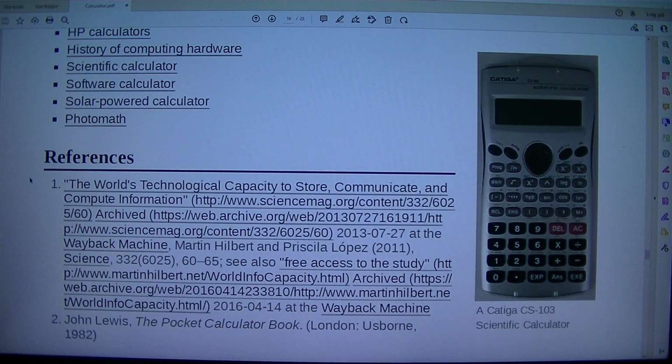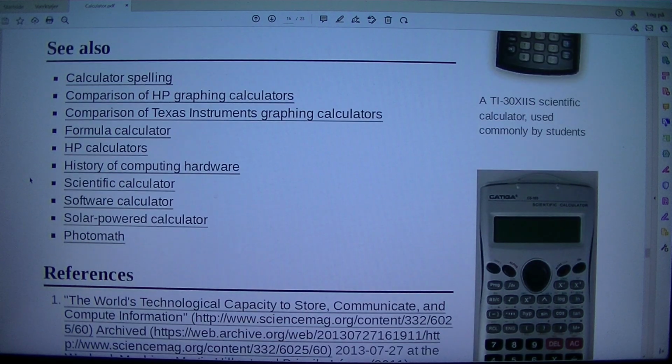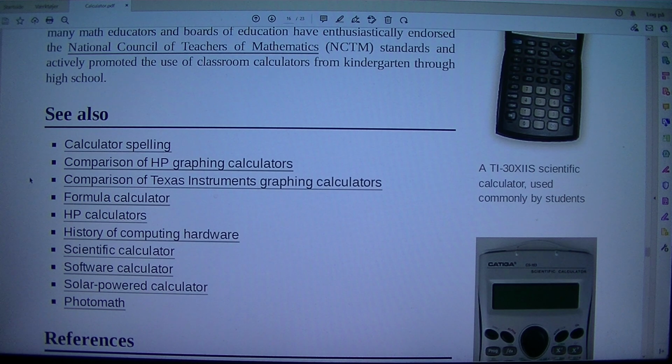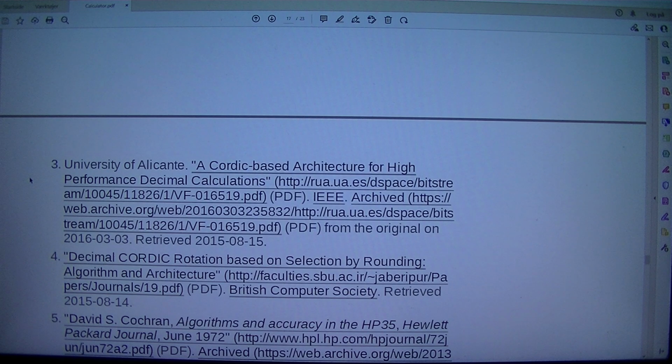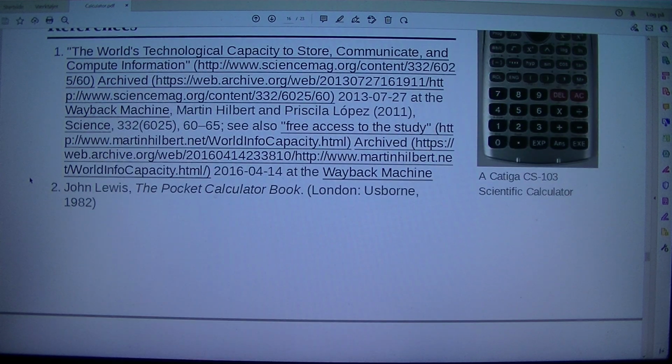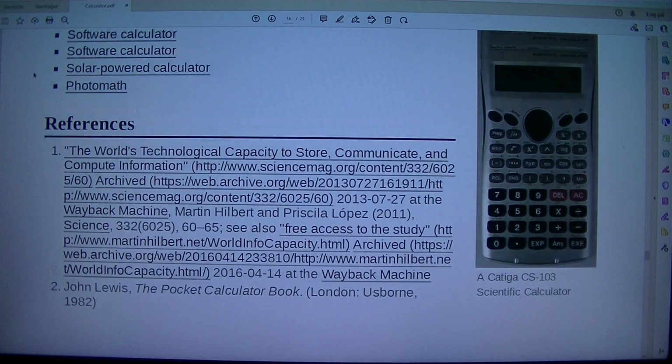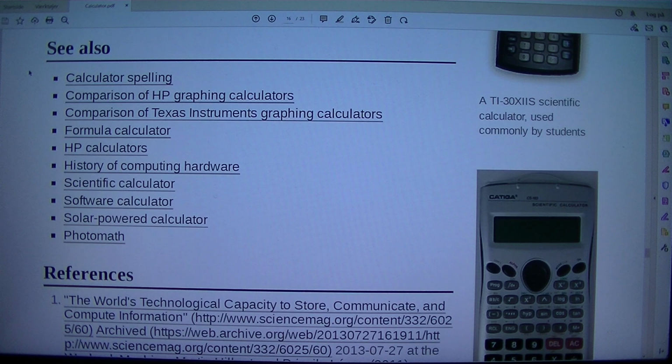the Wayback Machine, Martin Hilbert and Priscilla Lopez, 2011, Science, 332, 6025, 6065. See also free access to the study archive. 2016 at the Wayback Machine. 2.